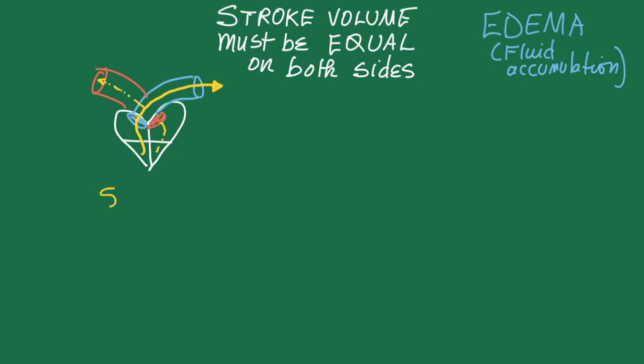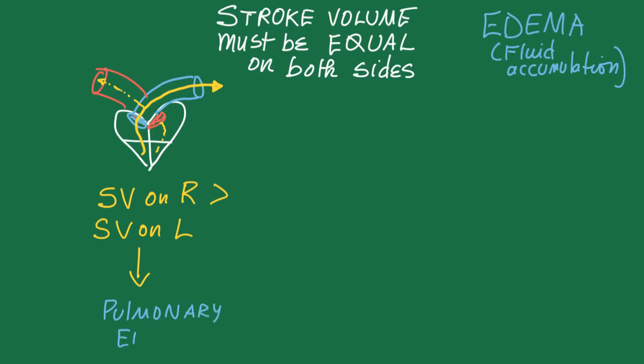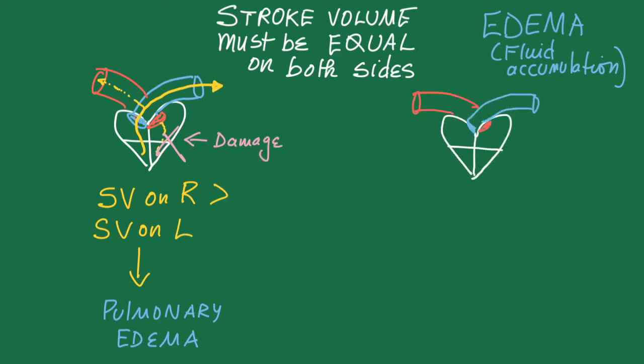If the stroke volume on the right side of the heart is greater than stroke volume on the left, then the blood that's being pumped to the lungs from the right side is much more, and so fluid accumulates in the lungs, causing pulmonary edema. The cause for this might be that the left side of the heart is damaged. So there you see the pink cross there shows you the damaged left side.